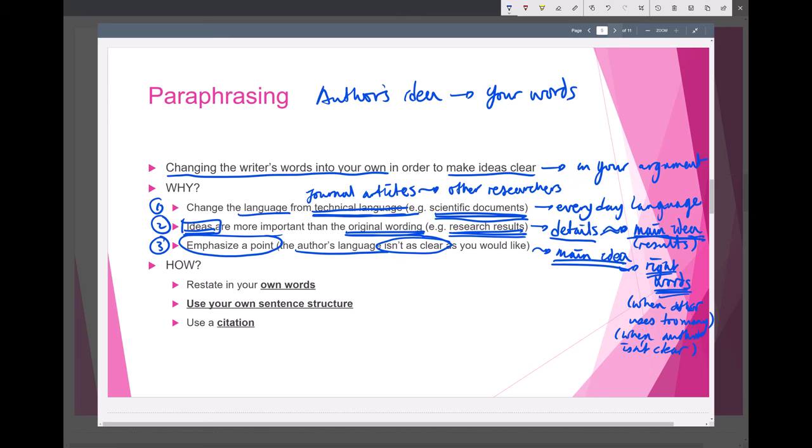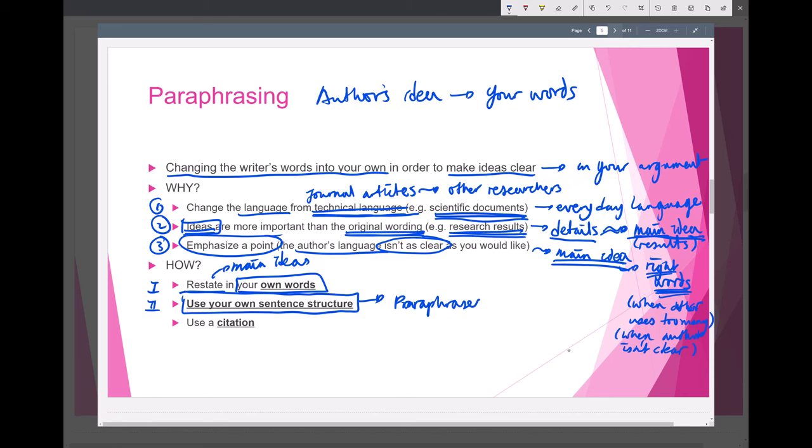Alright, so how would you do this? Well, three things. One, you want to restate again the main ideas in your own words. Second, not only do you want to use your own words, you want to use your own sentence structure. Remember, when you paraphrase, you're not just using synonyms.